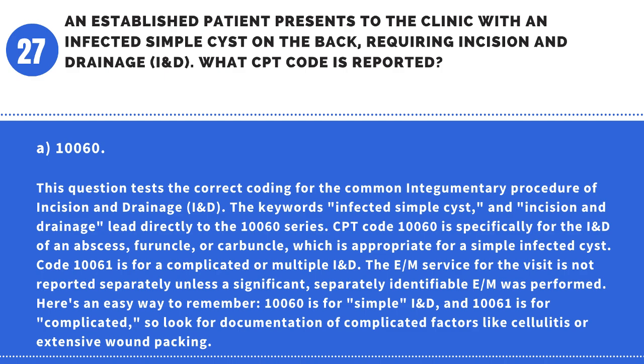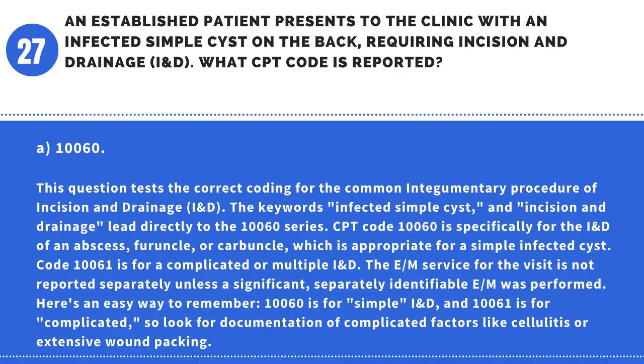10060. This question tests the correct coding for the common integumentary procedure of incision and drainage, I&D. The keywords infected simple cyst and incision and drainage lead directly to the 10060 series. CPT code 10060 is specifically for the I&D of an abscess, furuncle, or carbuncle, which is appropriate for a simple infected cyst.